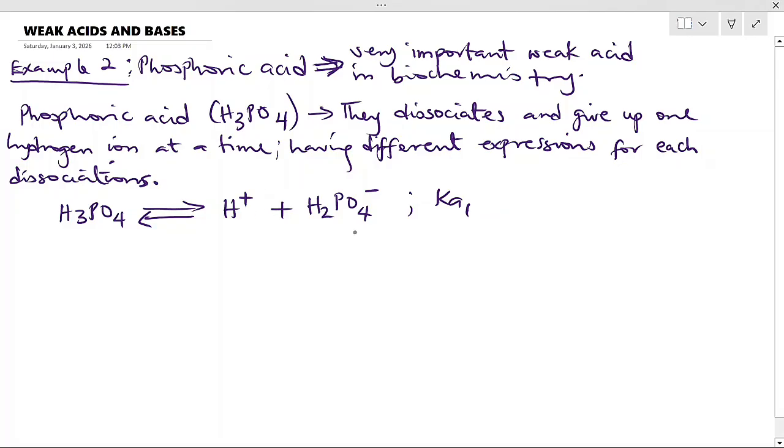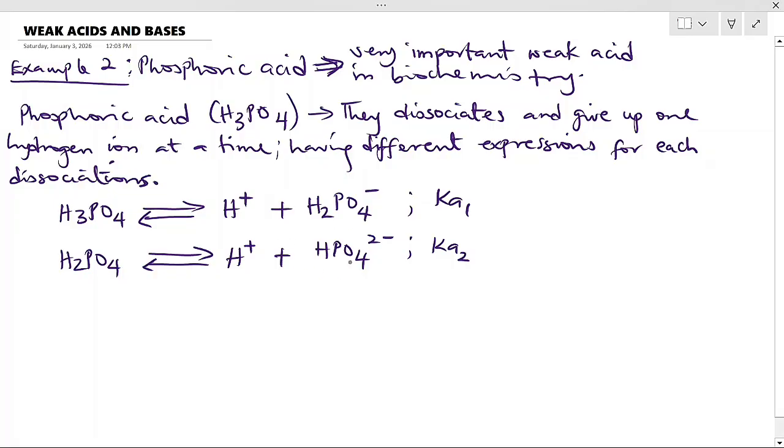Now this H2PO4 minus reacts in solution and undergoes a weak acid dissociation, releasing another proton to form HPO4 2 minus, and that forms your Ka2, which is your acid dissociation constant 2.